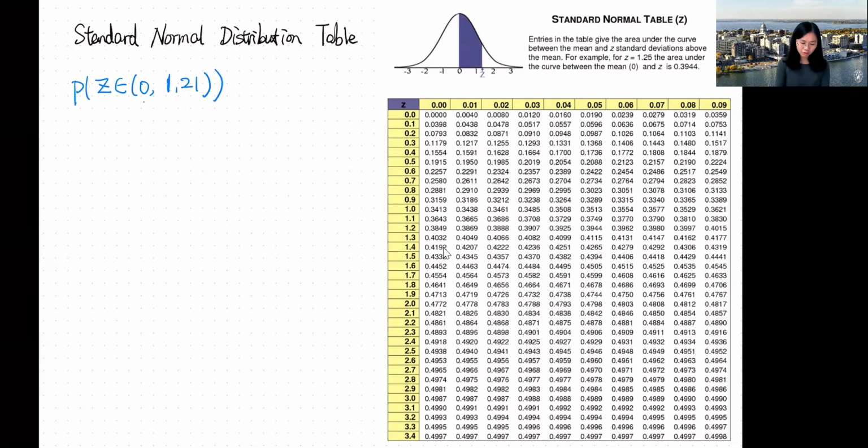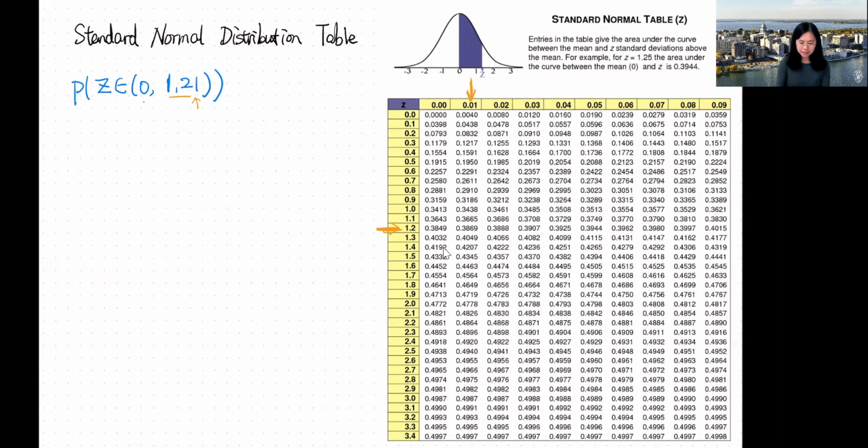Then you're going to look for 1.2 in the row title. So 1.2 is here. And then you look for 1, the second decimal point, on the column titles, which is here. 0.01 is here.